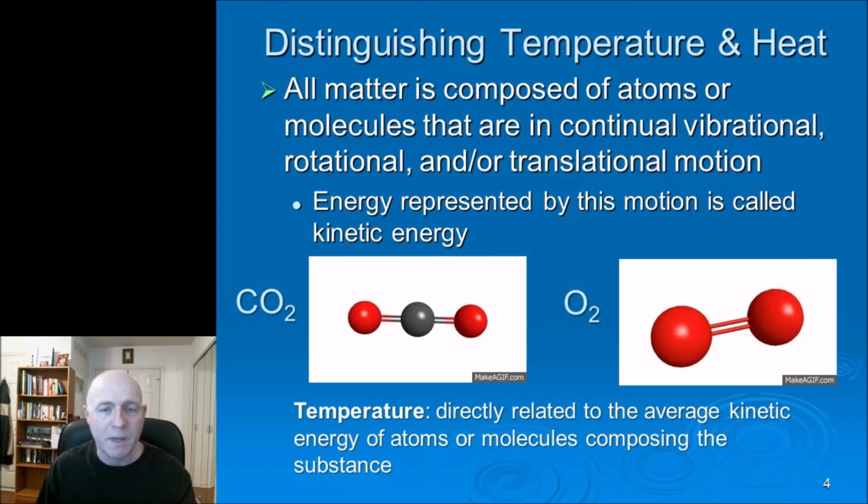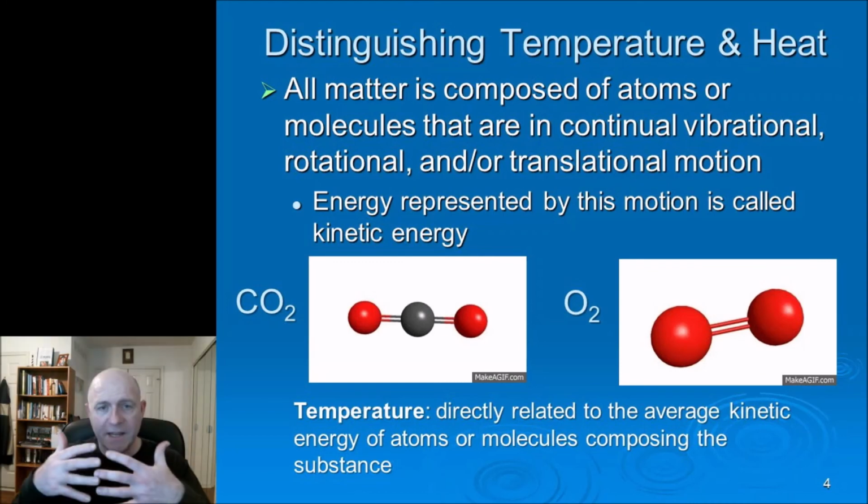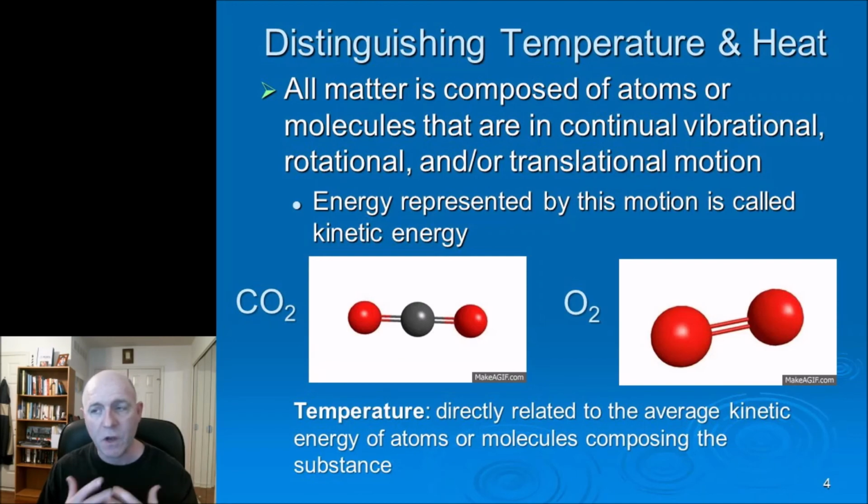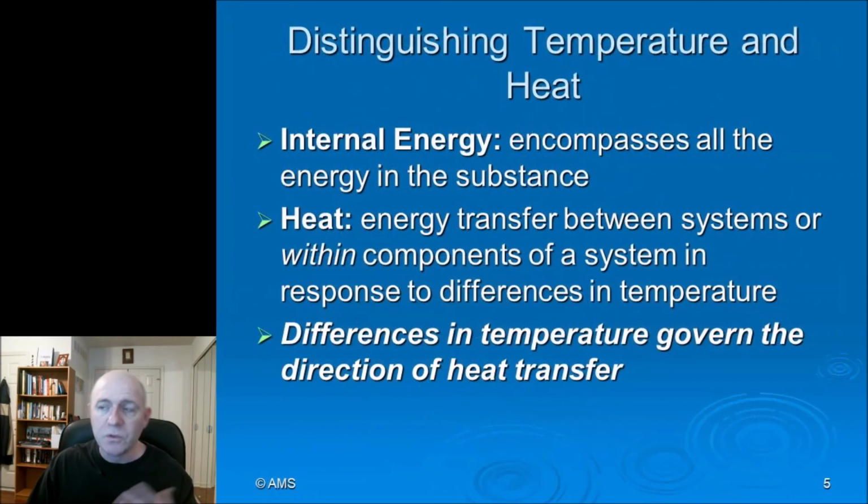These two examples being carbon dioxide and oxygen. Those molecules aren't static. They pulse sometimes, they rotate, and they revolve a little bit from time to time. So they all have some kind of energy, and we relate temperature to the amount of energy that those molecules and sometimes atoms have.